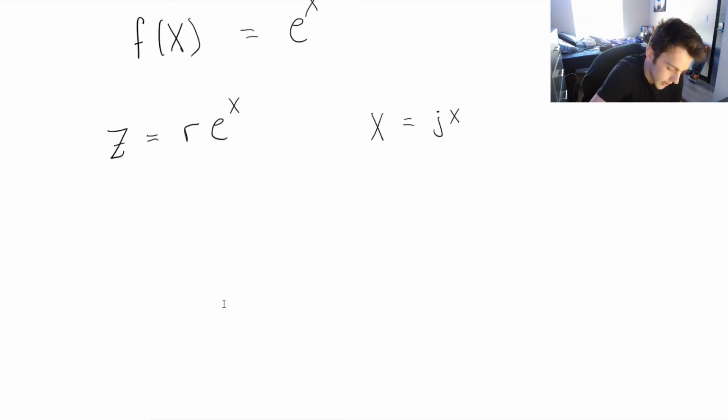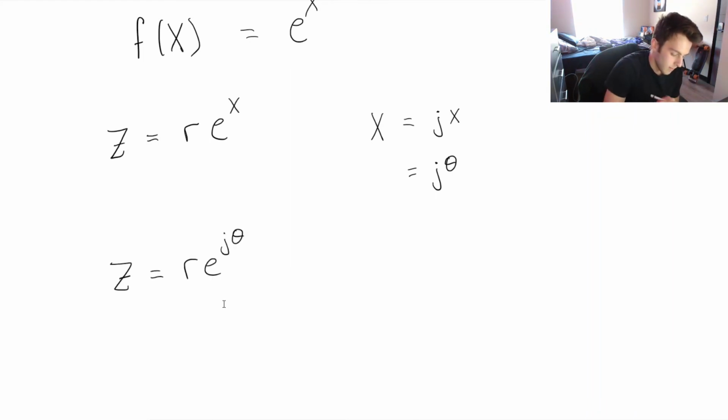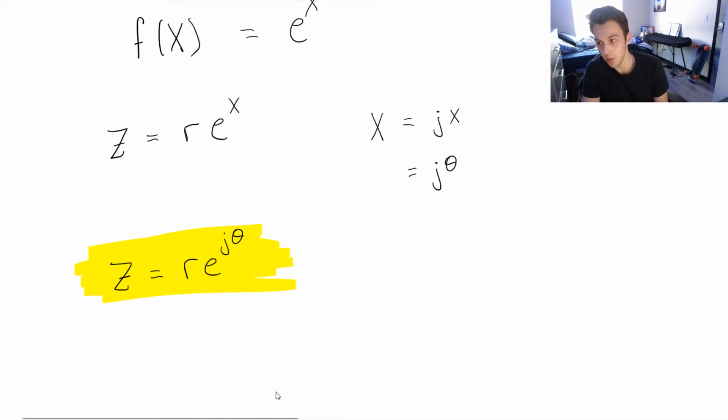And then earlier we said that we were just going to use x instead of theta, right? So that capital X is actually j theta, which means finally we get r times e to the j theta. And that is how you get to the exponential form, or Euler's form, of a complex number.